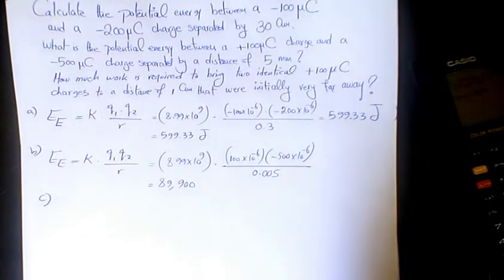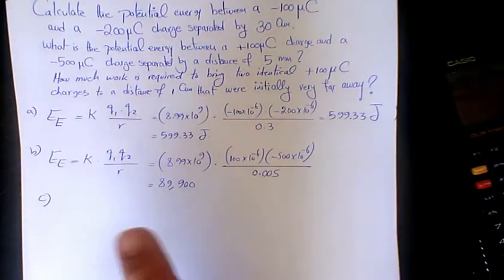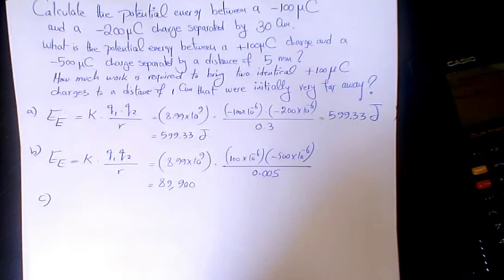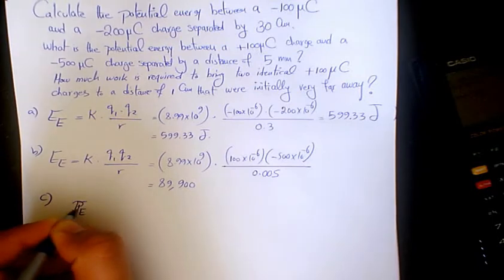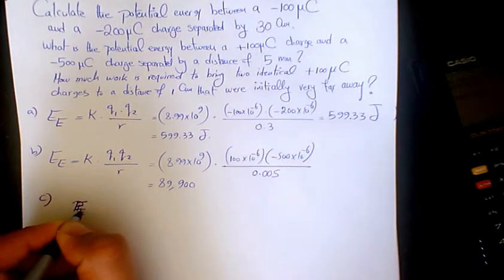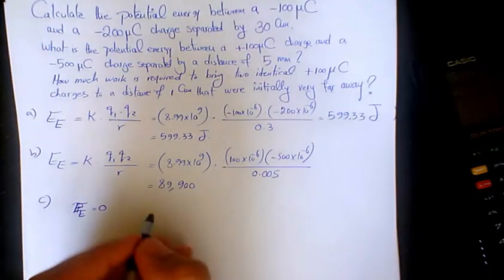Part C, it says how much work is required to bring two identical 100 microcoulomb charges to a distance of 1 centimeter that were initially very far away. So when we have two very far charges, the potential energy, E of E, equals 0.